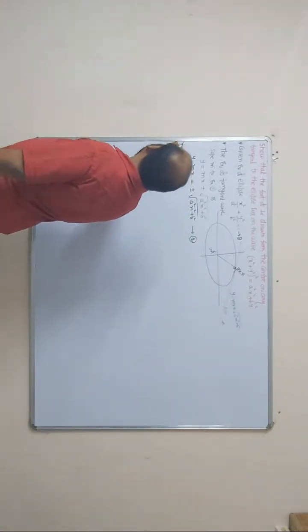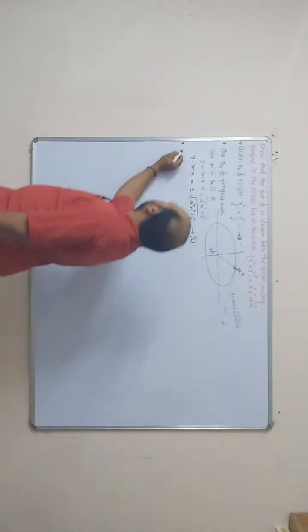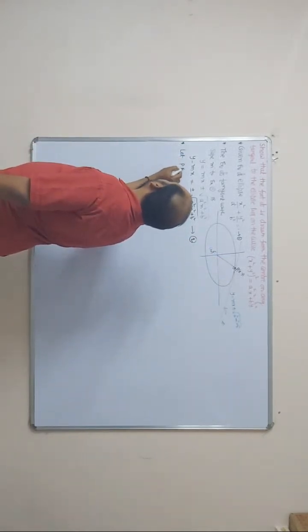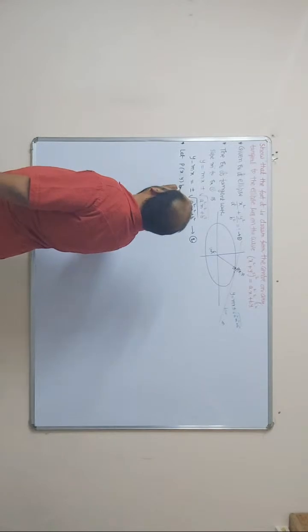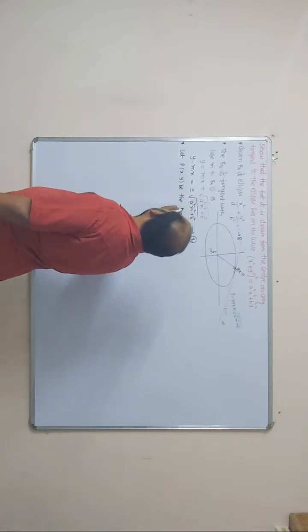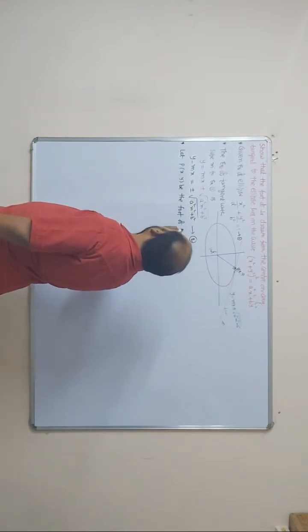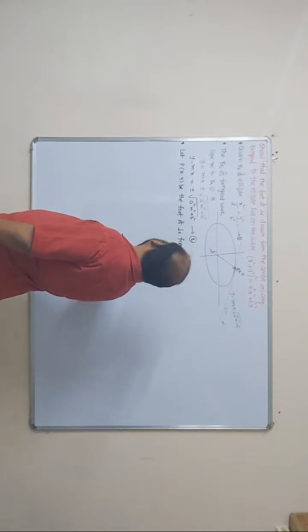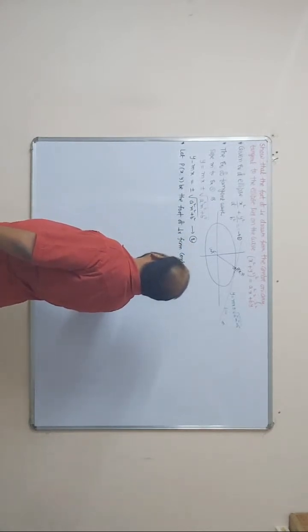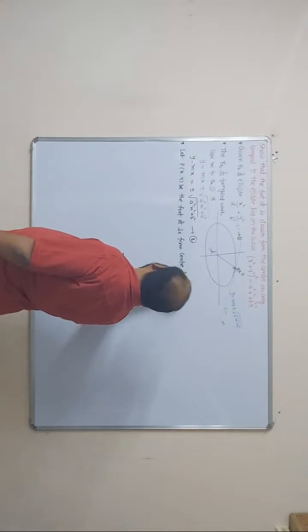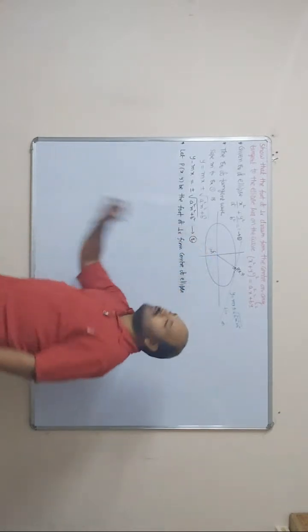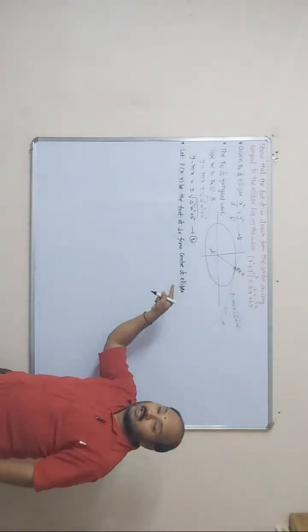After writing the tangent equation, let P of x comma y be the foot of perpendicular from the center of the ellipse. That information you have to give.